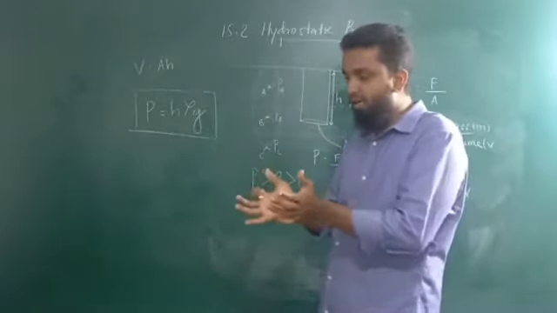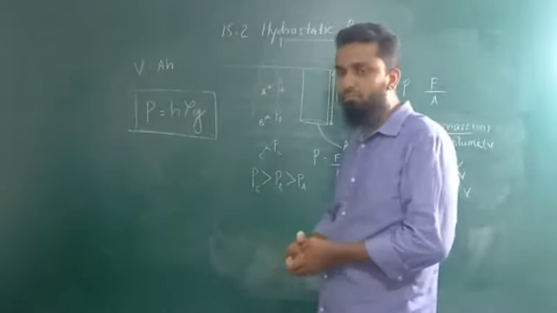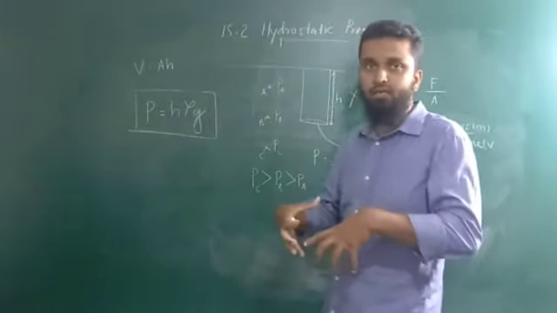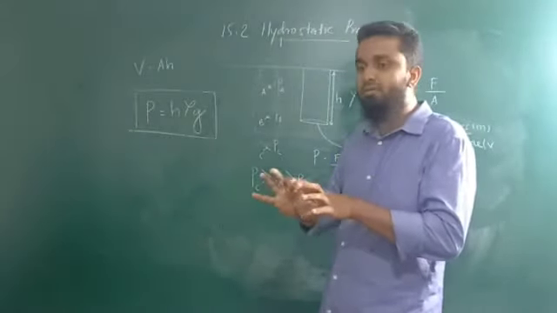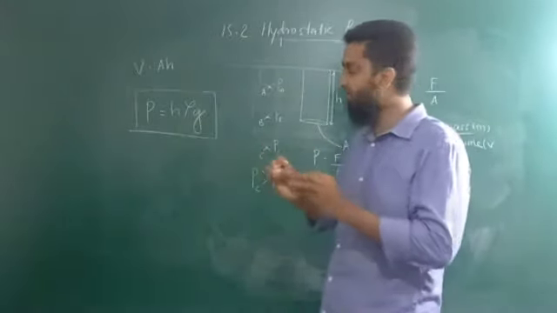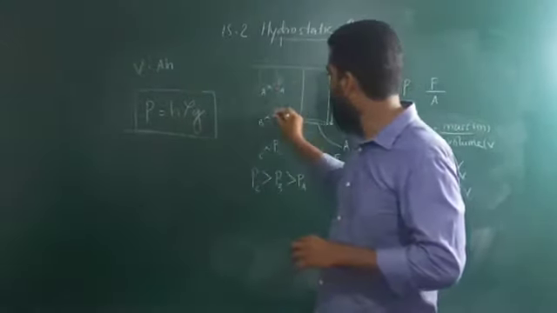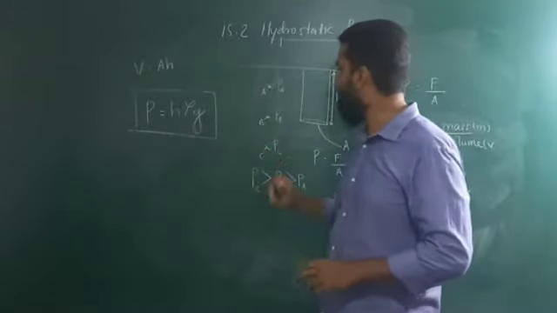If you have given a liquid, inside that liquid we always consider the mass has been distributed uniformly. Therefore, the density is going to be equal in all the places. Then the density here is equal to the density here is equal to the density here. Then the density is equal for all of these.